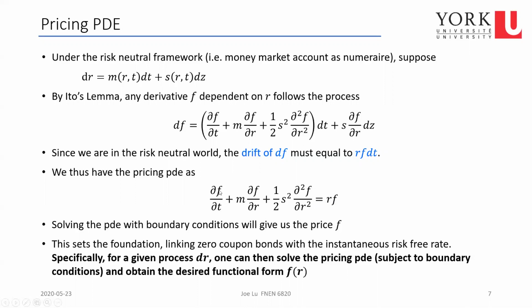If F is a financial asset that depends on the price of the zero coupon bond, you can also utilize this equation as well. So essentially, this equation allows us to price interest rate derivatives, any financial assets that's a function of interest rates.